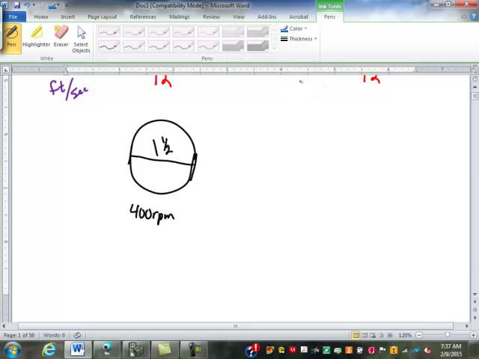Let's find the surface cutting speed. What am I going to put in here? Pi, 3.14, yep. Times 1.5 times 400 divided by 12.